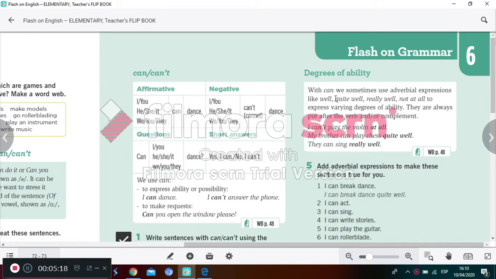And we have this: well, quite well, really well, not at all. We use these to express degrees of ability. They are quantifiers.